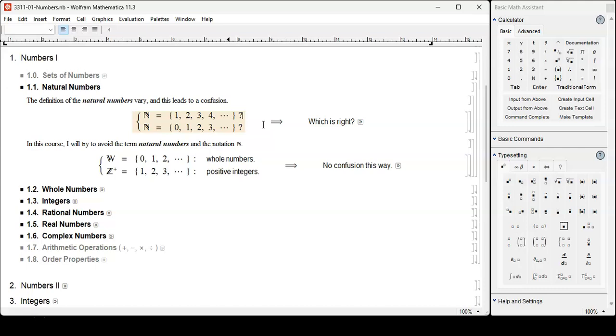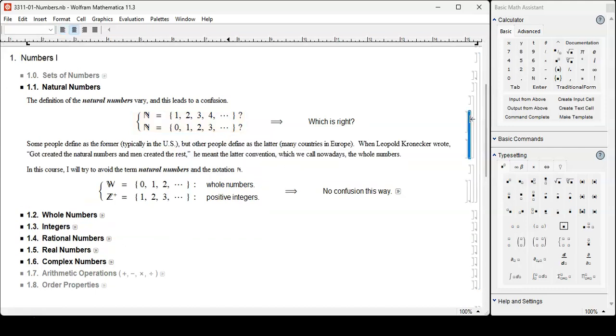Here in the United States, most people consider the set of natural numbers as 1, 2, 3, 4, 5, and so on. But in some other parts of the world, people define the set of natural numbers as 0, 1, 2, 3, 4, and so on. Which is right? As a matter of fact, both are correct, historically speaking.